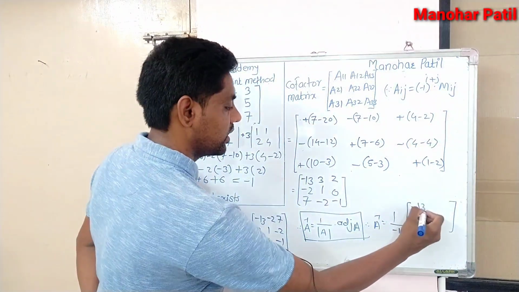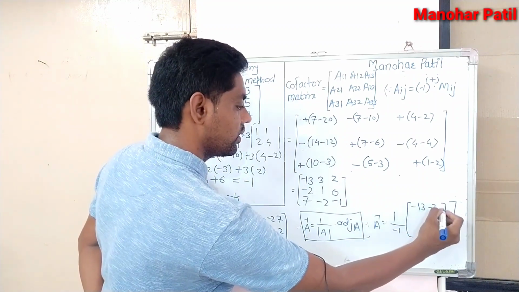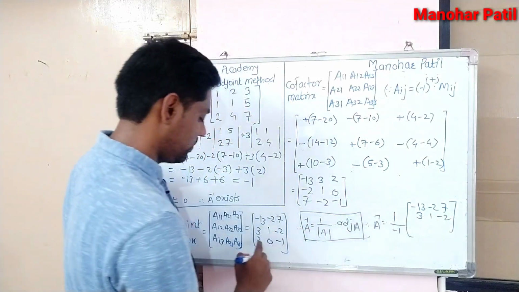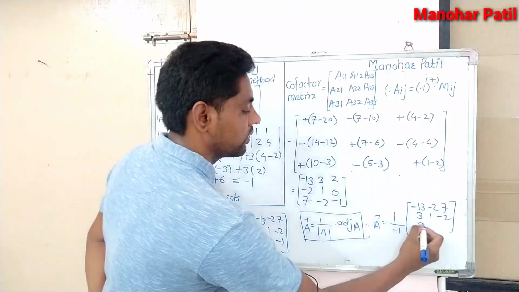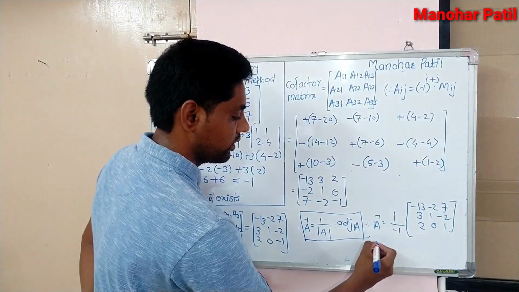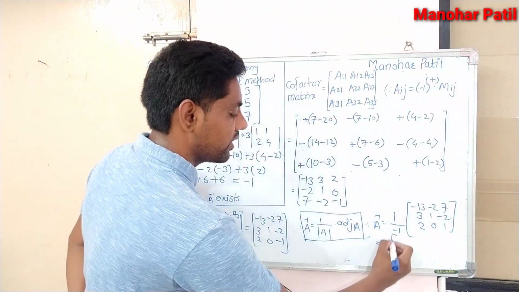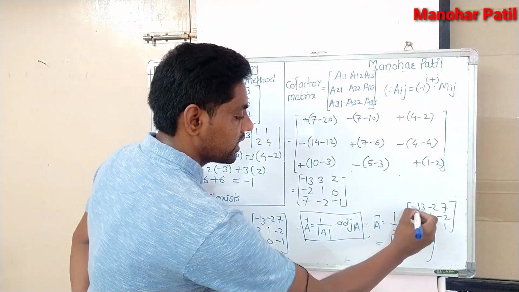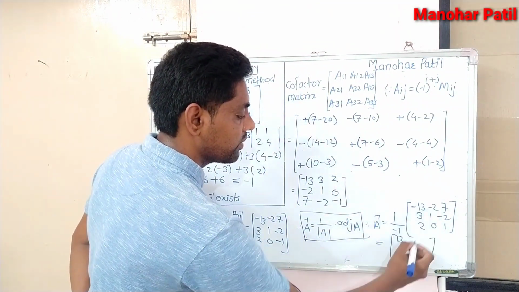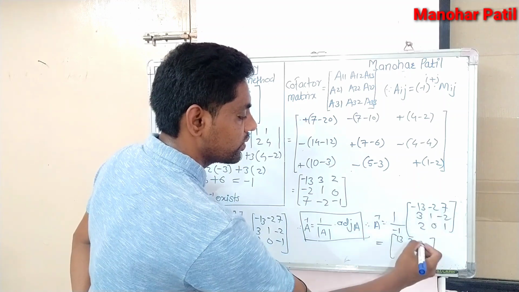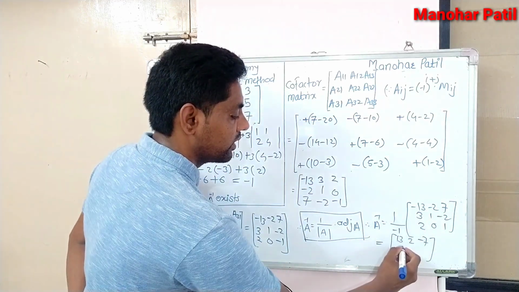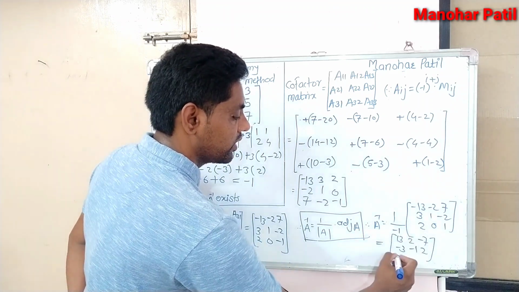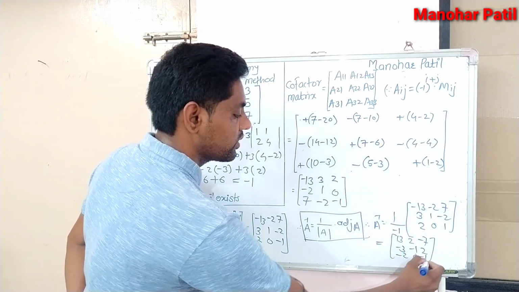Minus 13, minus 2, 7; 3, 1, minus 2; 2, 0, minus 1. Therefore multiply this minus sign to the whole matrix. So we get minus minus becomes plus 13, minus minus becomes plus 2, minus 1 into 7 is minus 7, then minus 3, minus 1, minus minus becomes plus, minus 2, 0, minus 1.